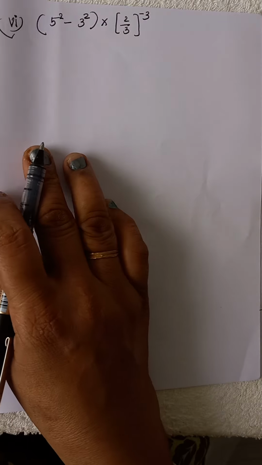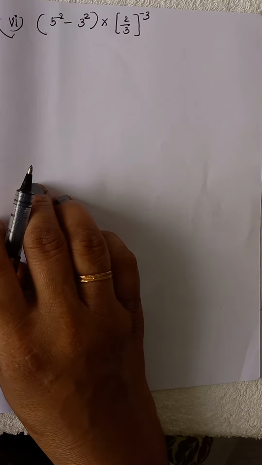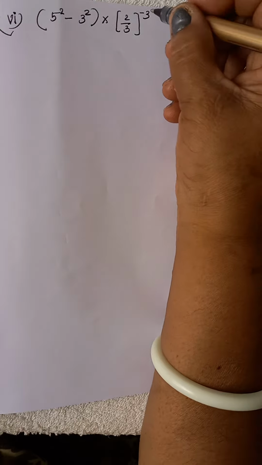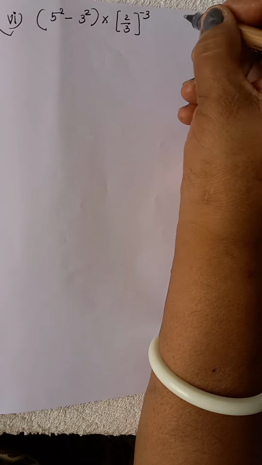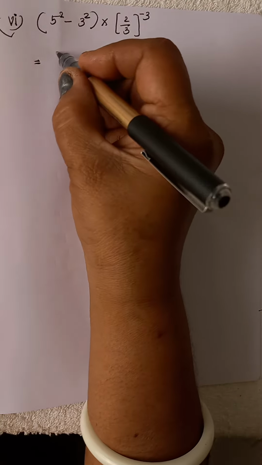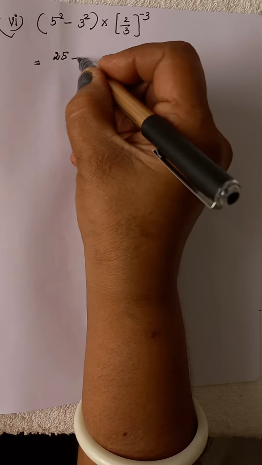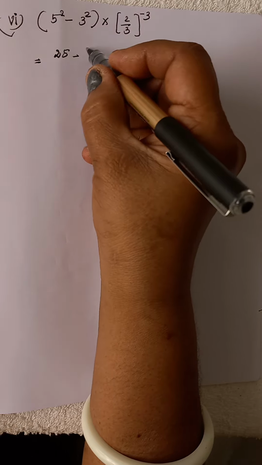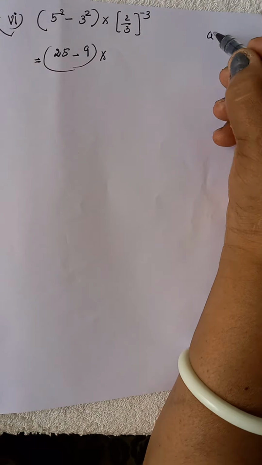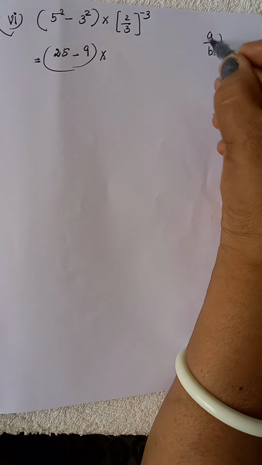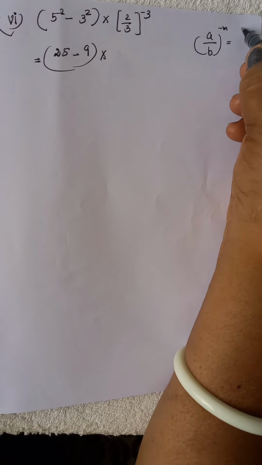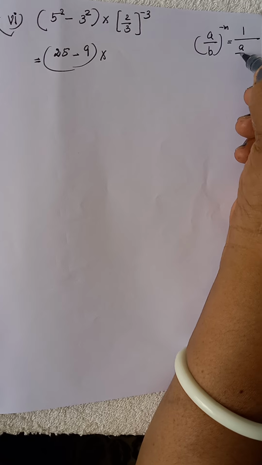Now the sixth question is 5 raised to 2 minus 3 raised to 2 into (2 by 3) whole raised to minus 3. Now this is equal to 5 raised to 2 is 5 into 5, 25, minus 3 raised to 2, 9. Then that into (a by b) whole raised to minus m. That is equal to 1 by (a by b).